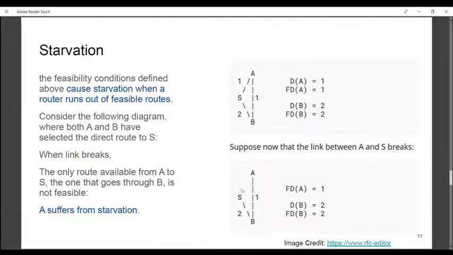So now A will check whether the metric of B is less than the feasibility distance of A. For this case also, it does not hold true. The feasibility distance of A is 1 and the metric of B is 2.